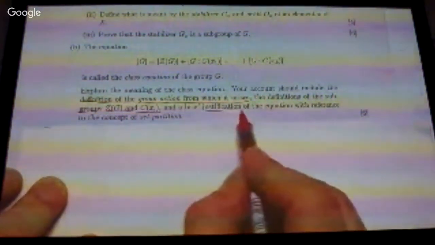It only says the description should contain, but it asks for a couple of things. It should include the definition of the group action from which it arises, definitions of the subgroups Z and C, and a brief justification.